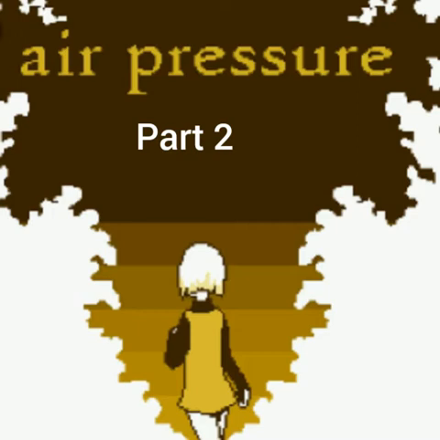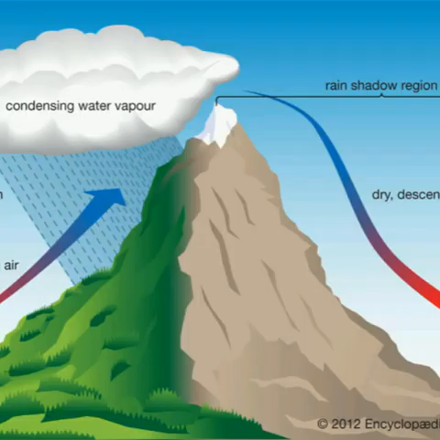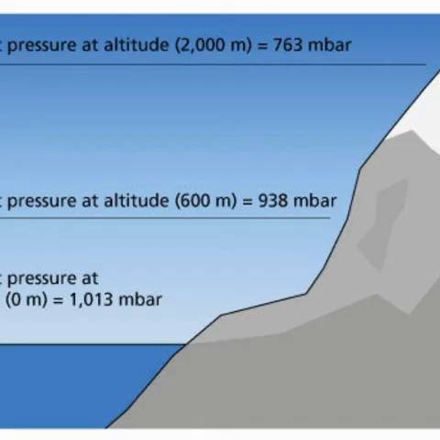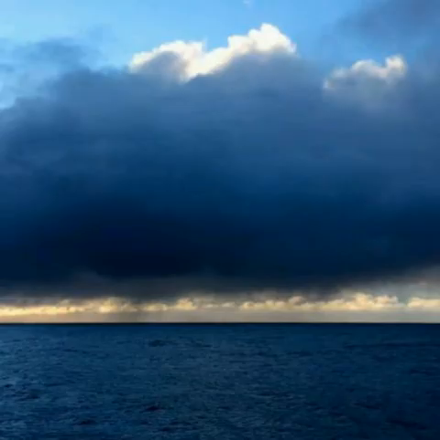Today, let us continue with our fourth lesson, air pressure part 2. But before we proceed ahead, let us recall what we had studied in the last lecture. In the last lecture, we studied about the storm, precipitation, the altitude of a region, temperature of the air, and the amount of water vapor.